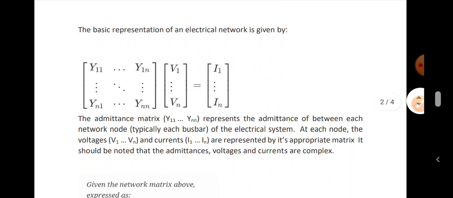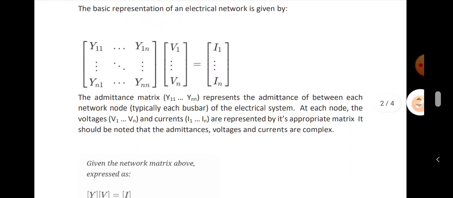Here you can see the basic representation of an electrical network is given like this. That is Y into V equal to I, where Y is the admittance, and if we are talking about a number of bus bars in an electrical system, for example, if there are n bus bars, then an admittance matrix must be formed, which we will discuss later on in another video.